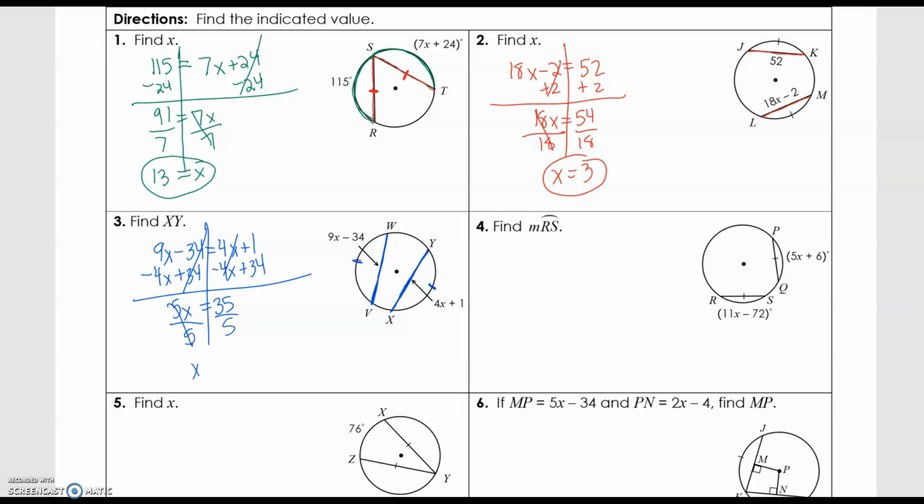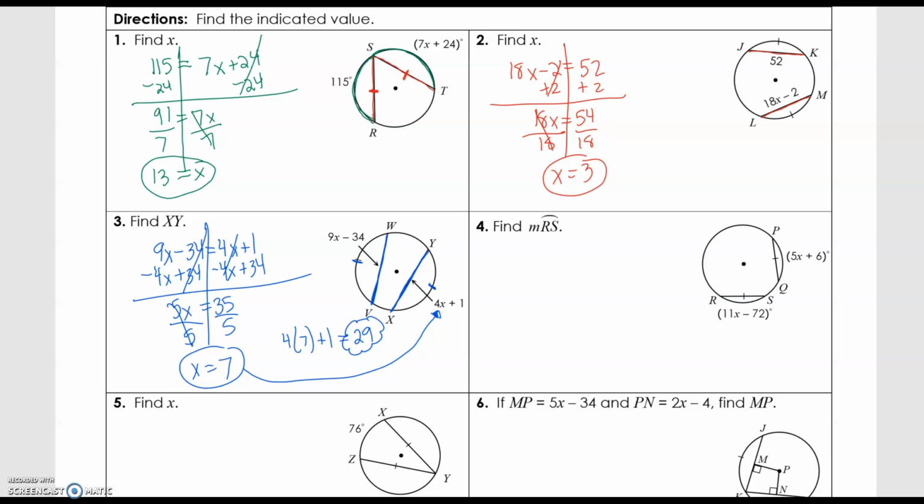I divide by 5, I get x equals 7. But it said to find XY, so I plug it in right here. 4 times 7 plus 1. 4 times 7 is 28 plus 1 is 29. So that's what you would type in.